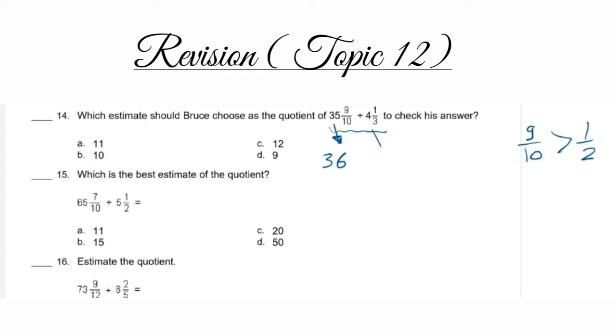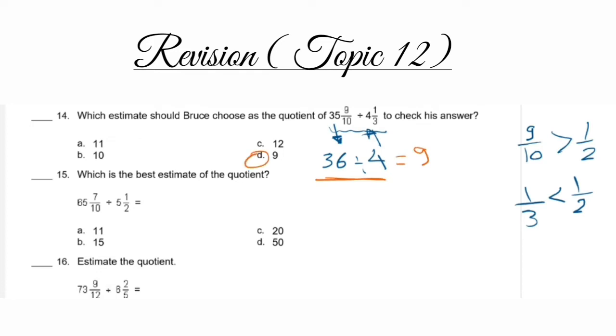And here 4 and 1/3, since 1/3 is less than half, it will be 4. So when the fraction is more than half, we add 1 to the whole number. If the fraction is less than half, the whole number stays as it is. Okay, good. Now 36 divided by 4 is 9, so we'll choose 9.